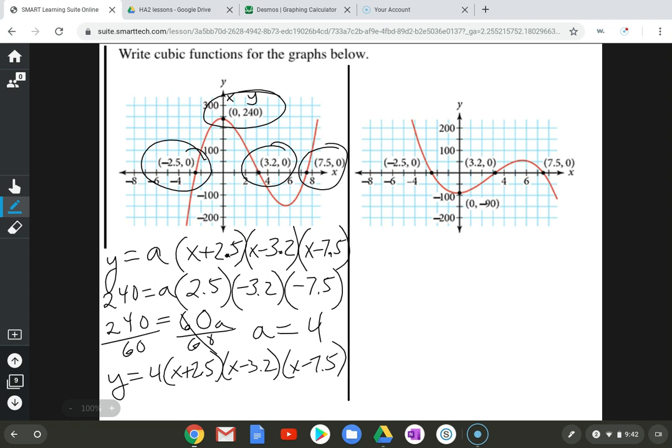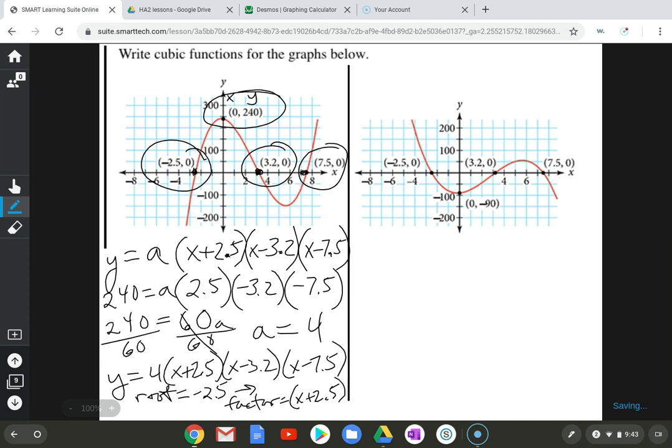I want you to notice that if the root is negative 2.5, then the factor is x plus 2.5. Now, why do you change the sign? Because these are x-intercepts, that means our y value is 0 when we hit any of these points.